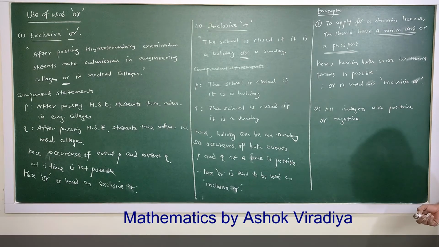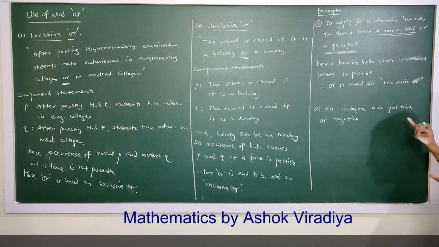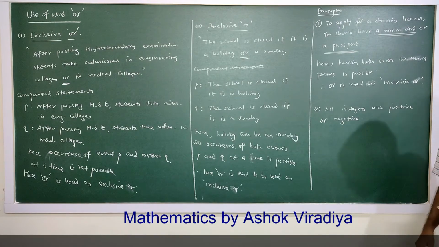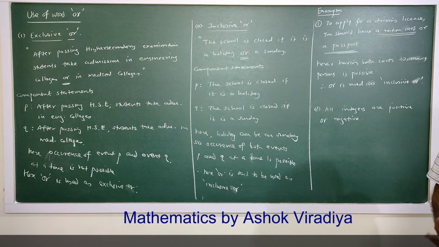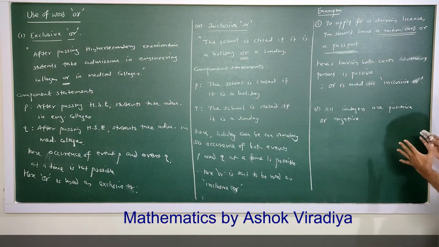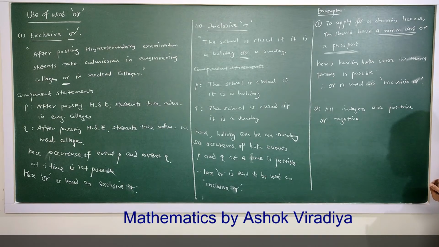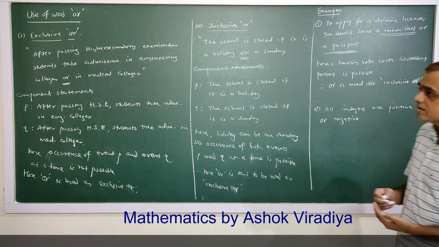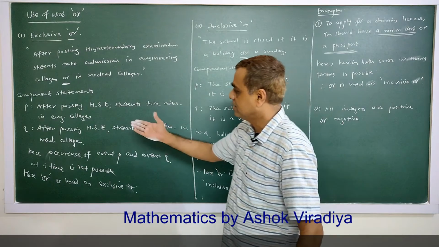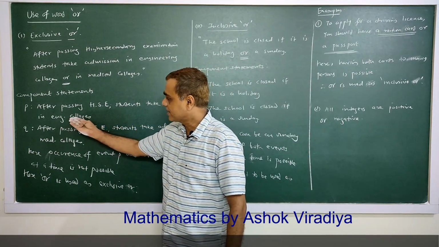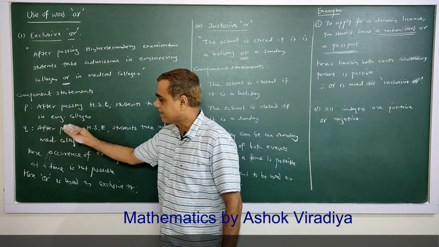But all integers having both signs, positive and negative, at the same time is not possible. So occurrence of both events at a time is not possible. As we discussed, a student can't take admission in both engineering and medical.